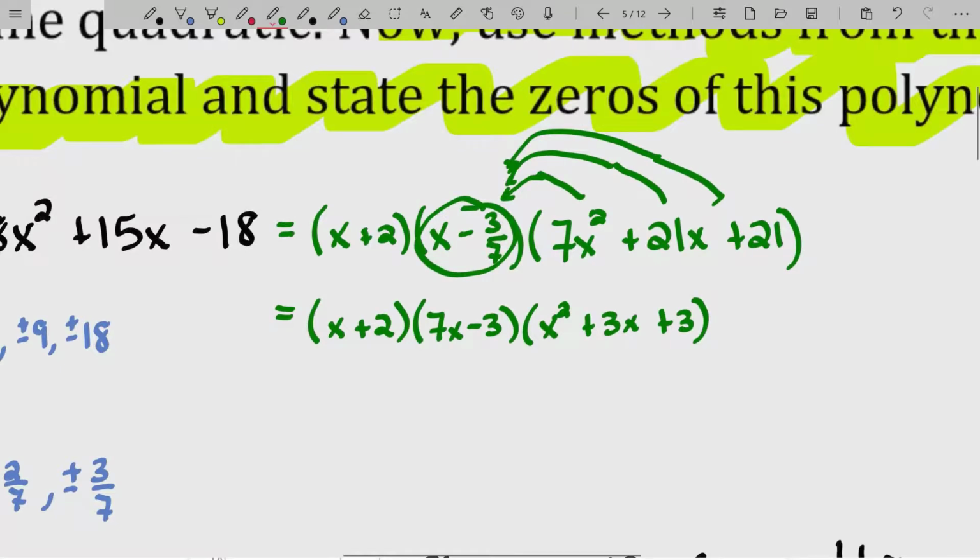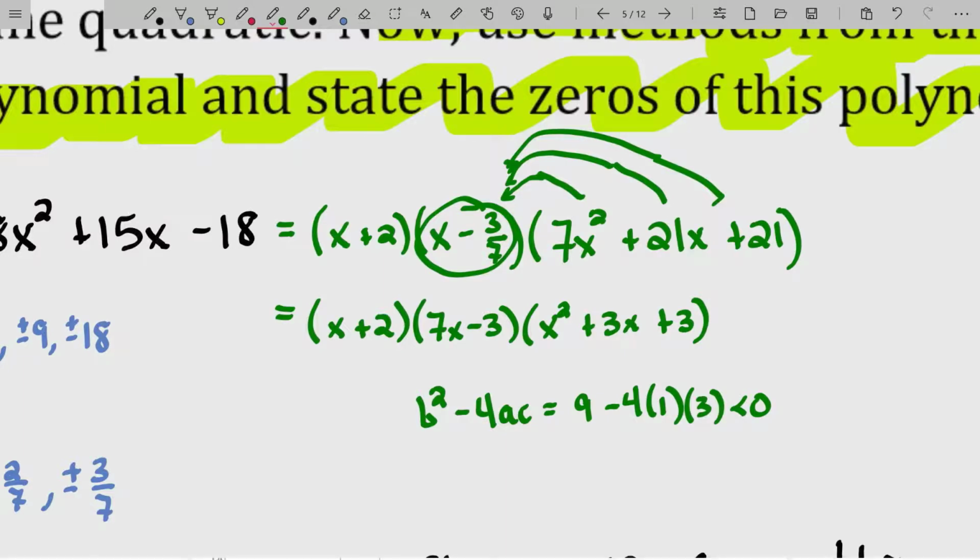Very nice factorization. And then you say, well, can that factor, because that's a quadratic, and you look at b squared minus 4ac rather than just trying to factor, you get 9 minus 4 times 1 times 3, which is negative, so no, that does not factor over the real number system.